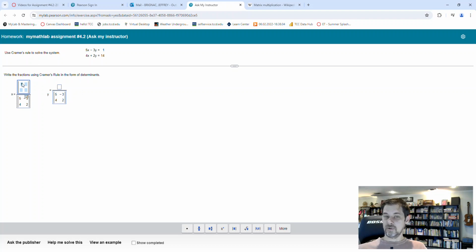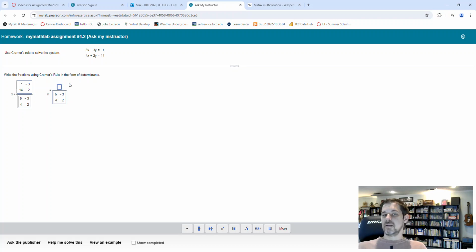So I put 1 and 14 in that exact arrangement. And then I leave this y column alone, and that's going to be -3 and 2. So imagine if you took this matrix down here, you replaced the x column with 1 and 14, the numbers on the other side of the equals, and you left the y column just the way it was. That's how you solve for x.